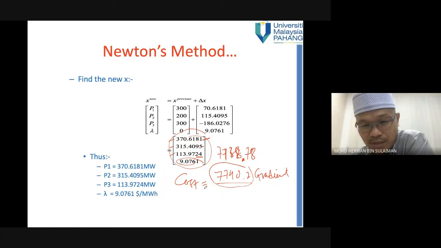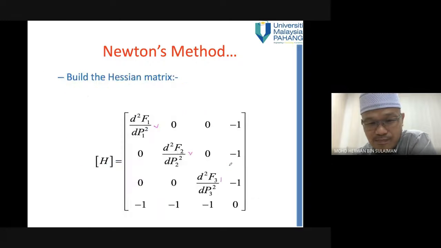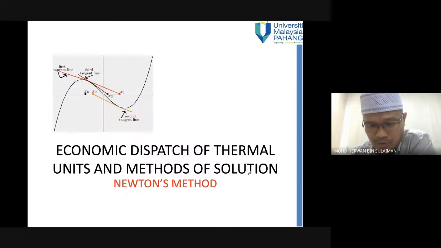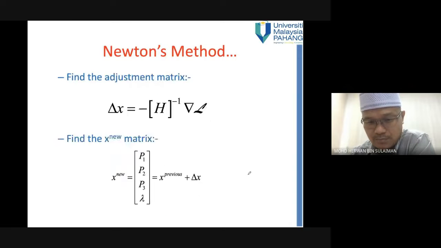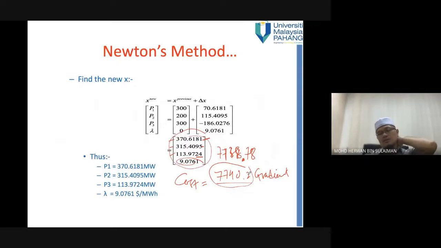So sebenarnya kalau gradient, you boleh proceed lagi je. Ni dah 12 iteration kan, you boleh proceed mungkin 13 ataupun 14 iteration dekat dapat rendah lagi. So akan dapat jawapan lebih kurang sama. Boleh faham tak? So ni kelebihan guna Newton lah.